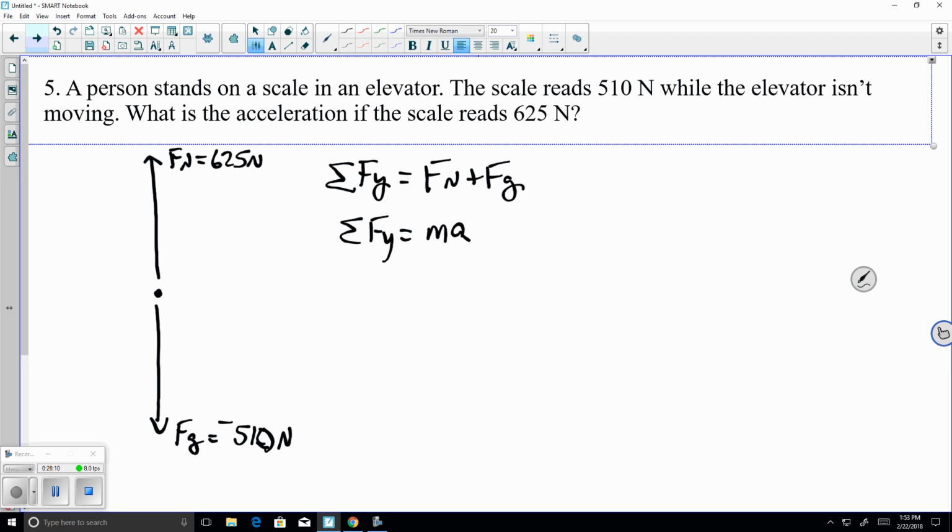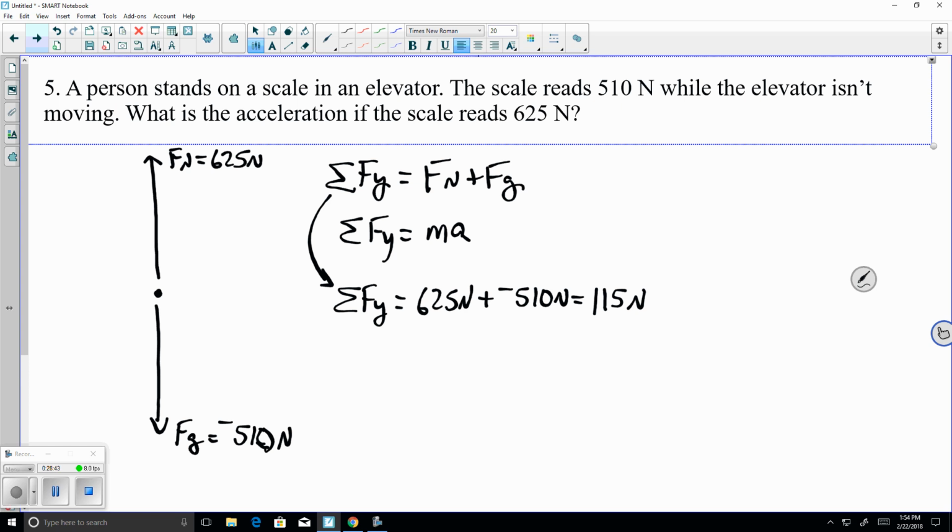We're going to use that part later. So let's find the sum of forces in the y direction: 625 newtons plus a negative 510 newtons. That's fairly straightforward, a grand total of 115 newtons.